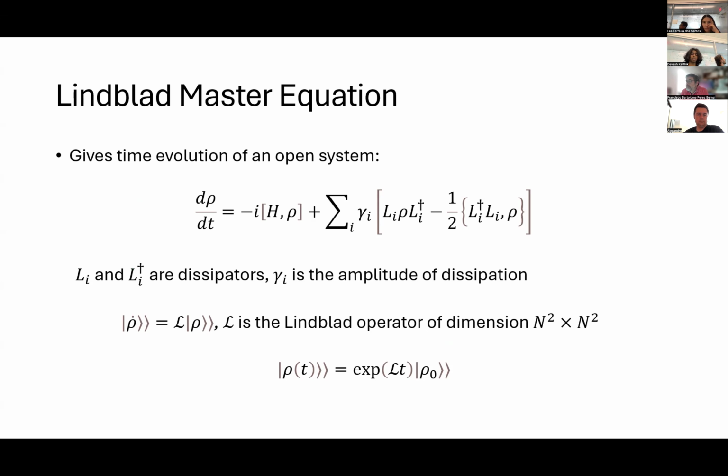The summation essentially has the operators L, which are dissipators. These tell us how we lose energy in the system and essentially model the interaction Hamiltonian, and gamma, which represents the amplitude of the dissipation. So we can represent this equation using our previous notation and making this operator, which we're going to refer to as the Lindblad operator, and it also has dimensions of n squared times n squared.